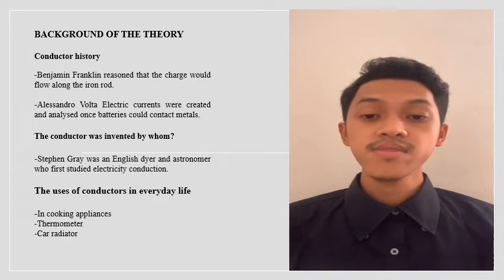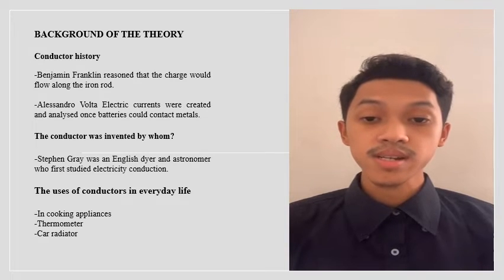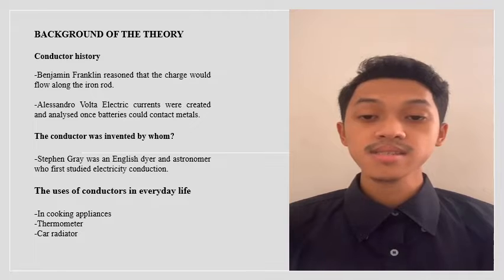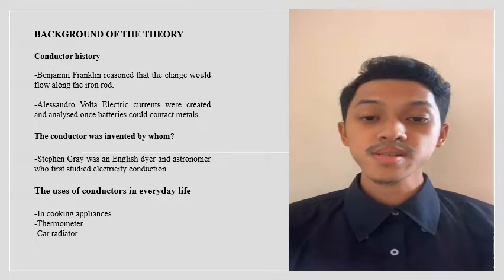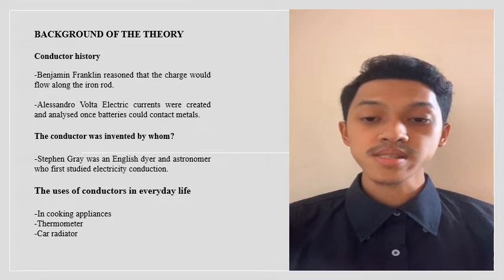Today I want to talk about the background of the theory. Firstly, the history of conductor. Early investigations of metal electrical conductivity were done in the 18th century. Benjamin Franklin reasoned that the charge would flow along the iron rod. After that, Italian astronomer Alessandro Volta established the battery principle in his work with different metals in contact with moisture.